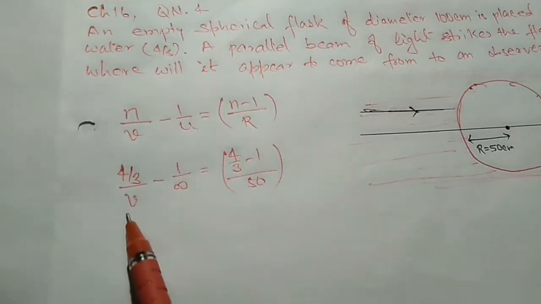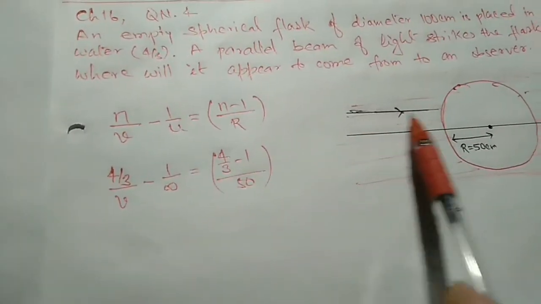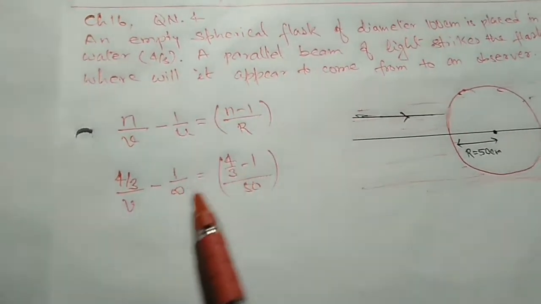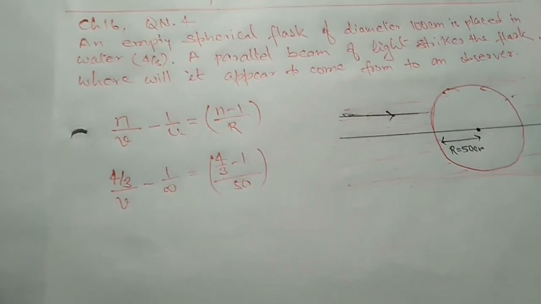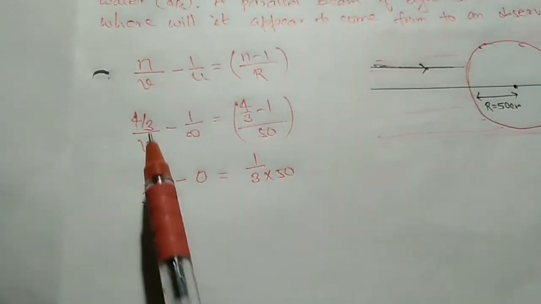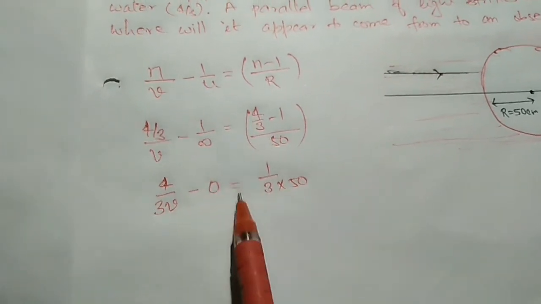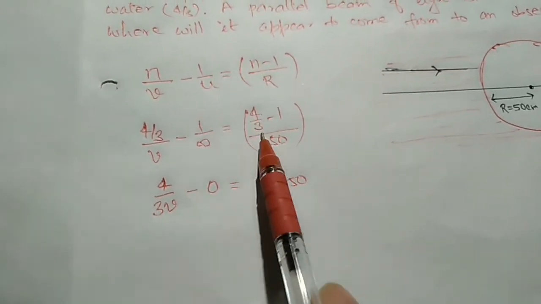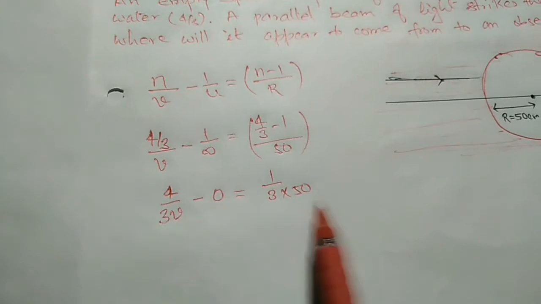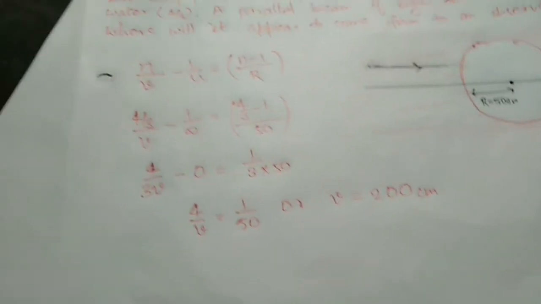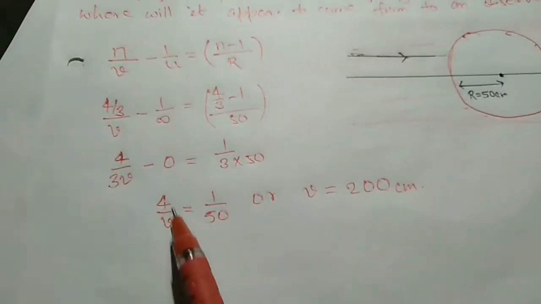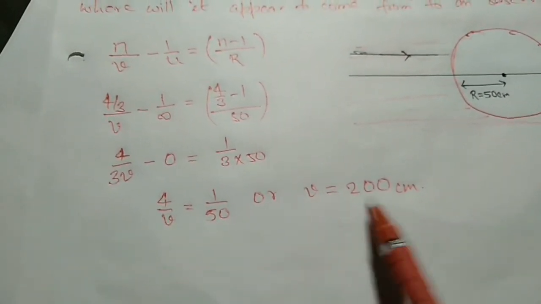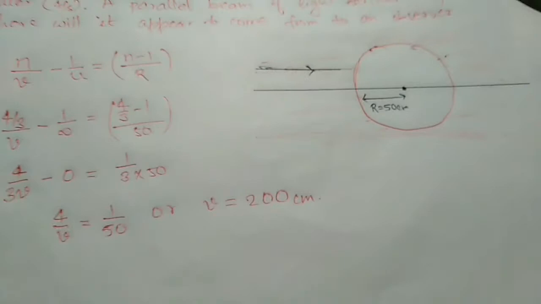The refractive index is 4/3, the value of V. The light ray is coming parallel, so the object is at infinity, and the radius of curvature is 50 centimeter. Let's solve it. 1 upon V minus 0 is equal to (1 minus 4/3) upon... Thereafter 4/3 is cancelled. 4/V is equal to 1/50, or V is equal to 200 centimeter.